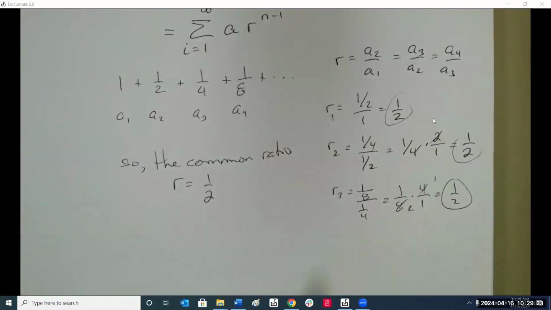Again, if the partial sum diverges, then the whole series diverges. If it converges, it converges.